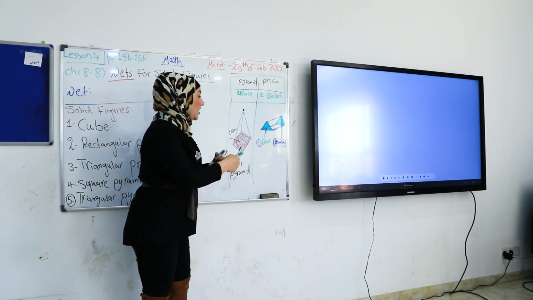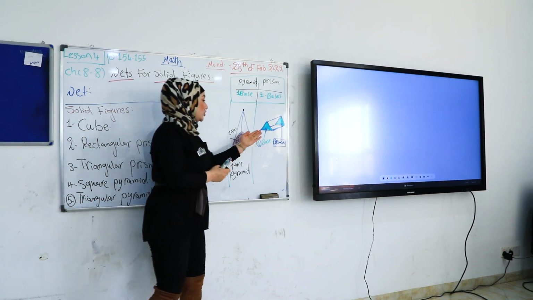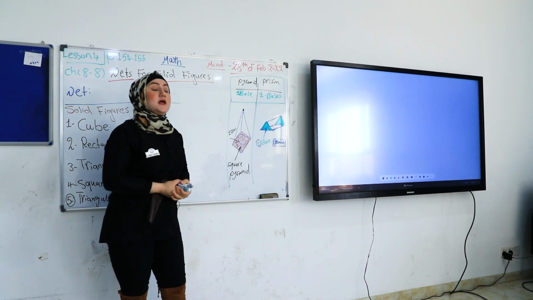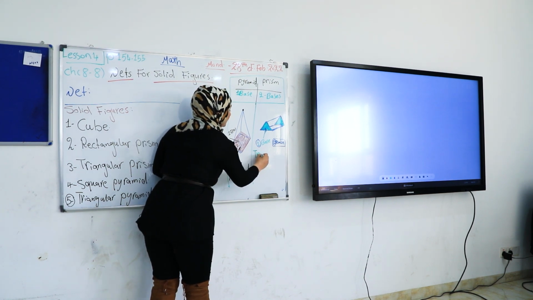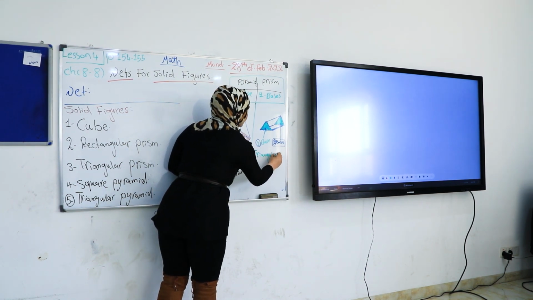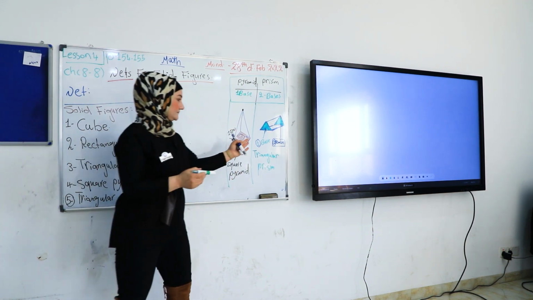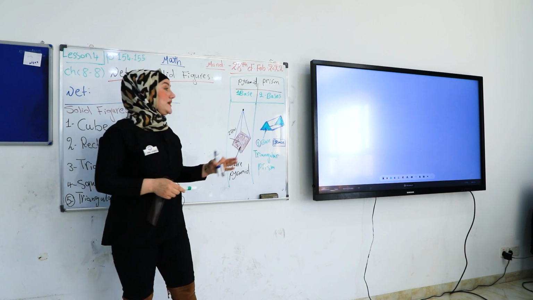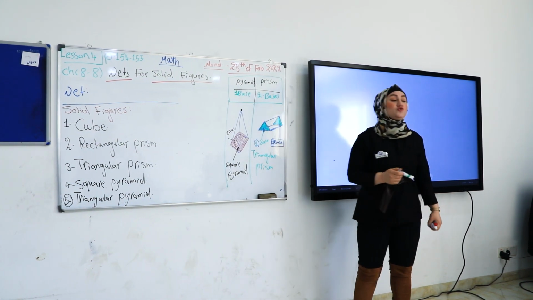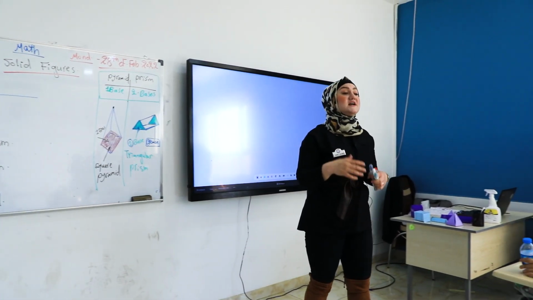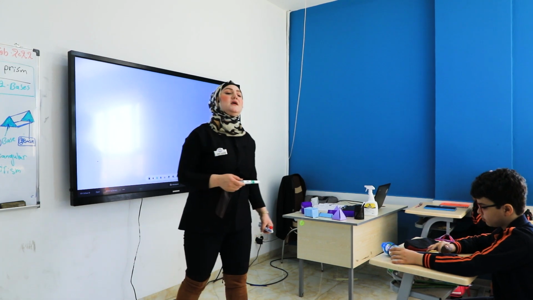Basically, depending on the shape of the bases, that's why it could be called a triangular prism. Why is it a prism, but not a pyramid? This solid figure is a triangular prism. Why is it a triangular prism, but not a triangular pyramid? Who's very clever to tell me?